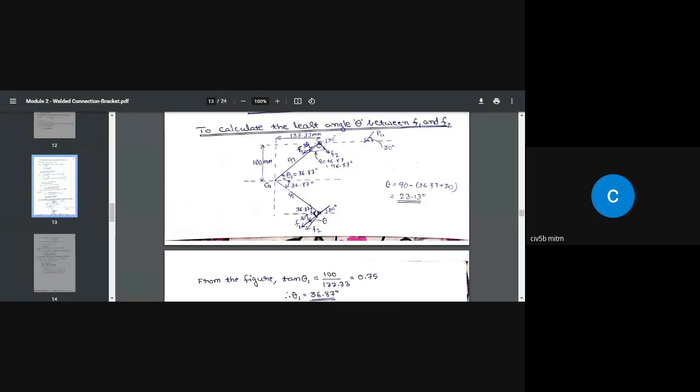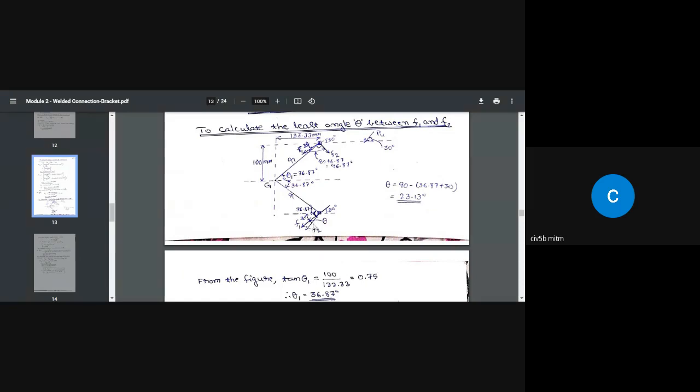So once you have 36.87°, this is 90°, so this is 30°. So 90 minus 36.87 minus 30°. Look here. So we got the value of theta equal to 23.13°.